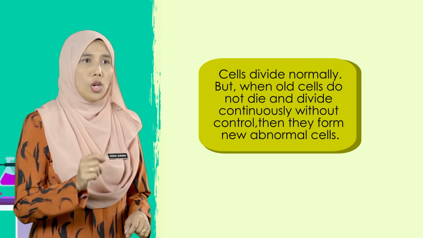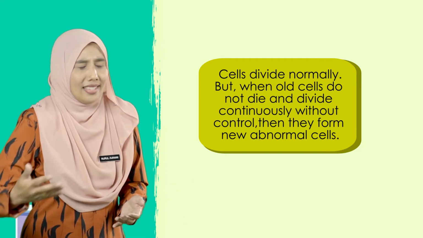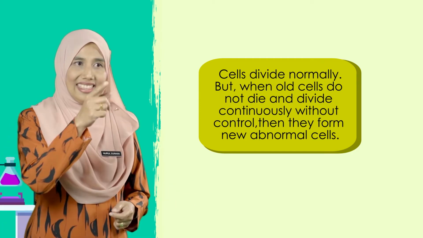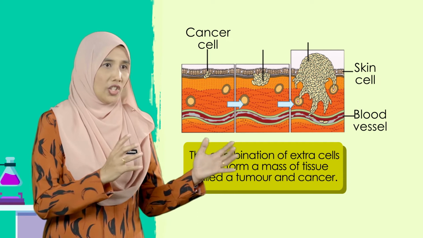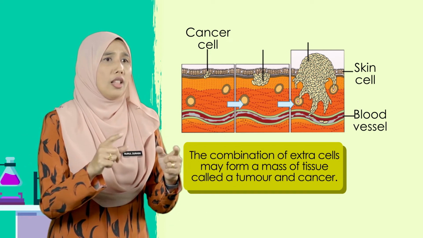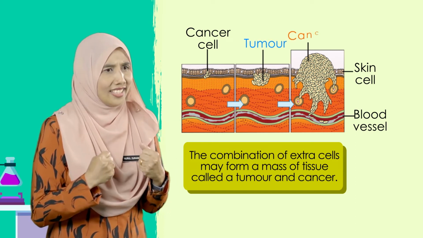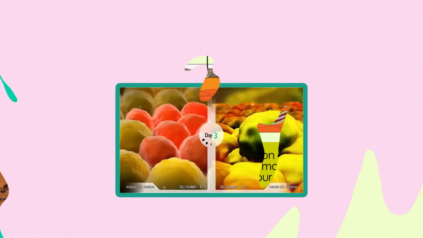But when all cells do not die and divide continuously without control, then they form new abnormal cells. The combination of extra cells may form a mass of tissue called a tumor and cancer. Let's watch the clip together.